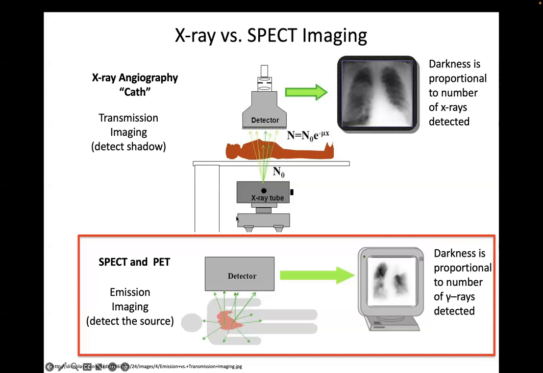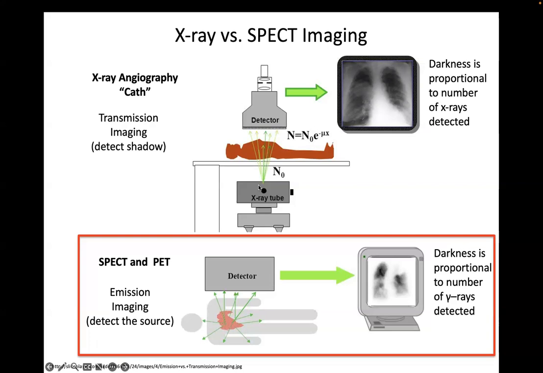And this slide shows the difference between an emission technique and a transmission technique. And transmission, we're all very familiar with. We've all had X-rays of our hand or our chest or whatever, where you have a source of radiation down here. And that radiation can be anywhere from 40 keV X-rays up to 140.